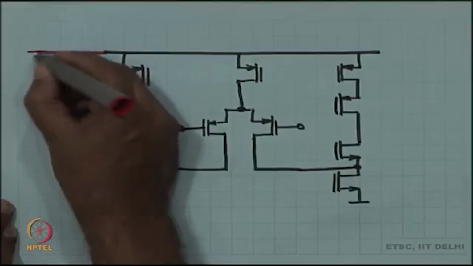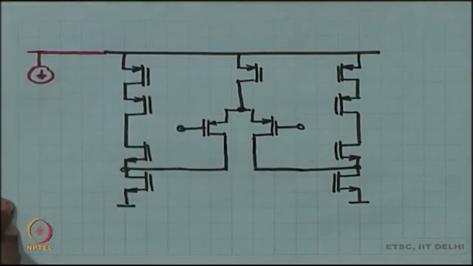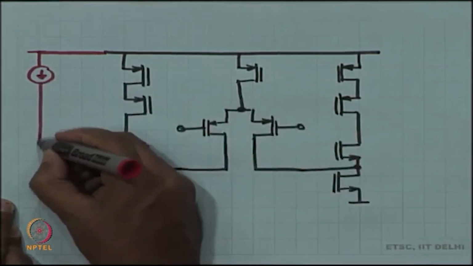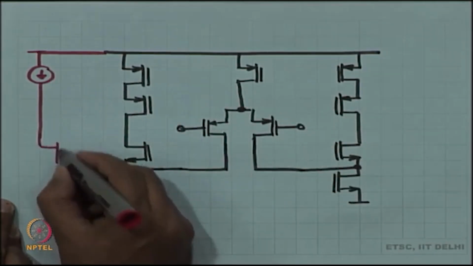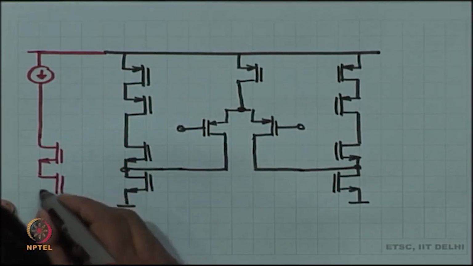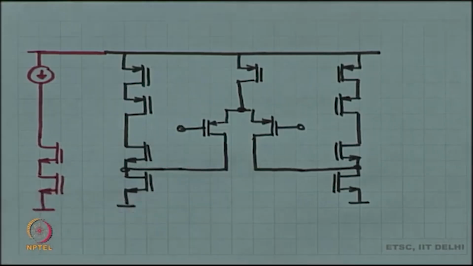So, we start again with a reference current, and we do a Wilson current mirror. Let us say you can do a more optimal design instead of Wilson. It is all creativity. You have to be a little creative.